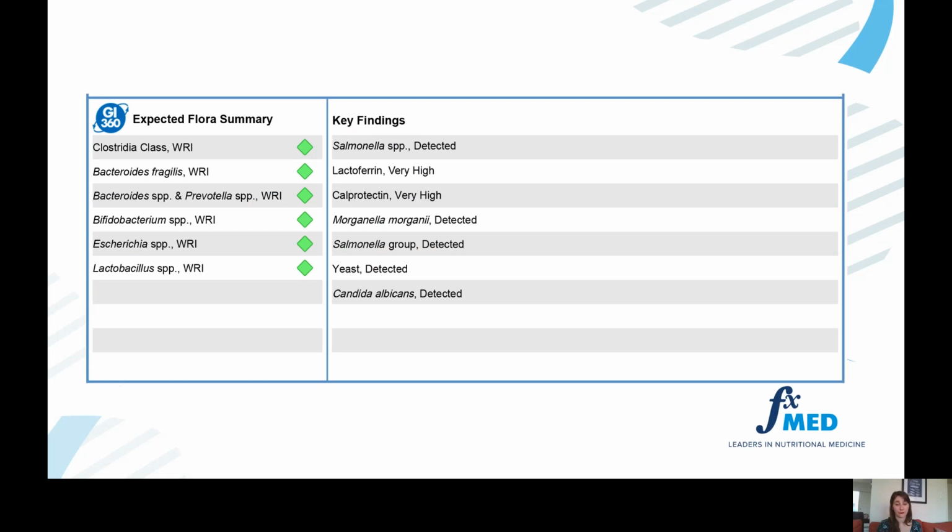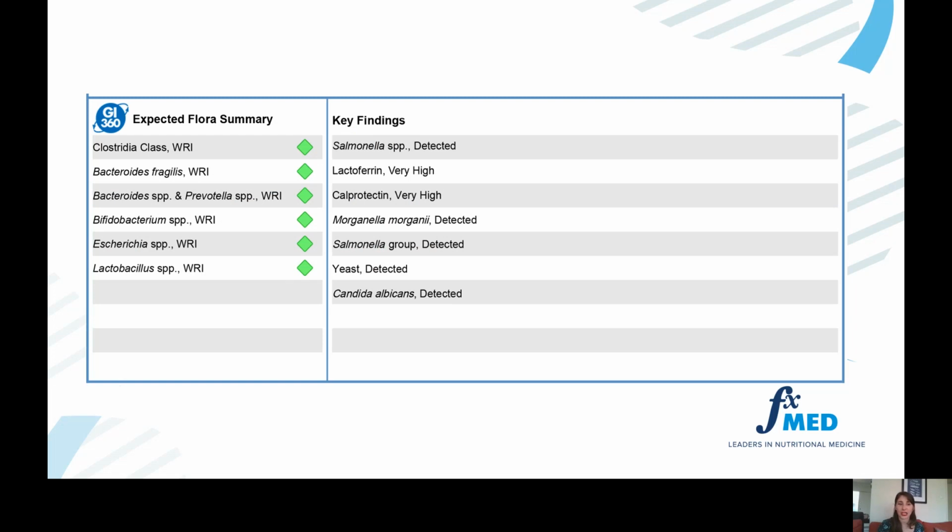So this is the second part of the first page. And if we put on our stages of gut dysfunction glasses, what I'm going to do is point out to you where we see the markers for these stages of gut dysfunction.